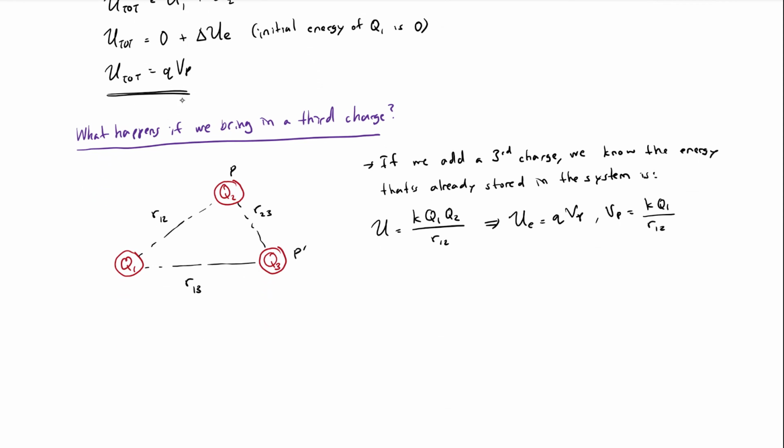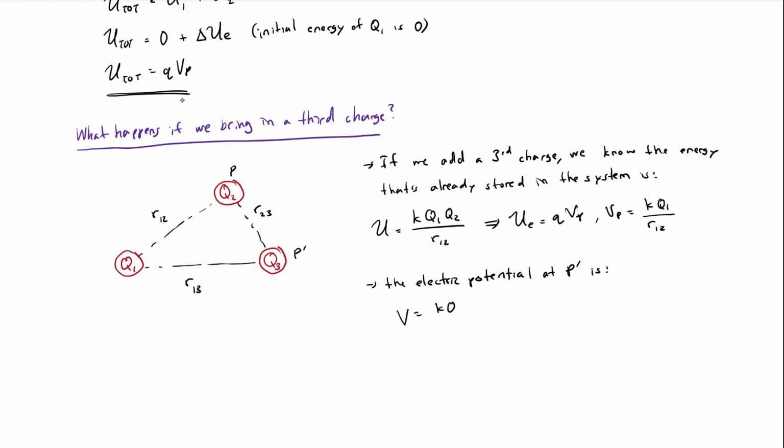So then we already know the existing energy. Now we have to figure out the electric potential at point P prime. So the electric potential at P prime is going to be V equals to, there are two charges acting upon Q3.